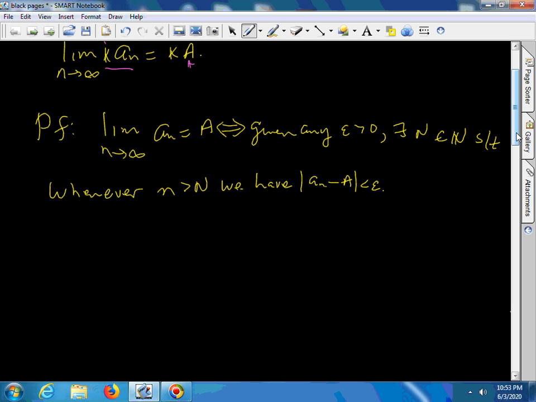Okay, so now what is going on here? You have the limit of k times a sub n, and you want this to equal ka. This is what you want. That is, you have this if and only if the following is true.